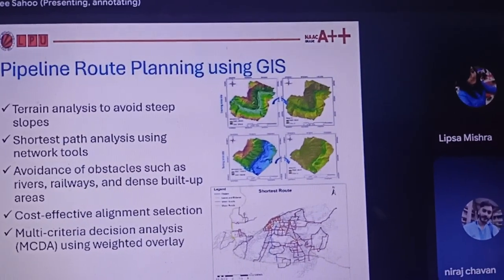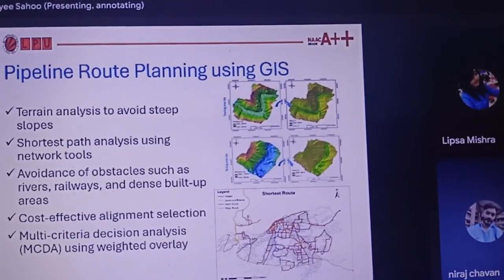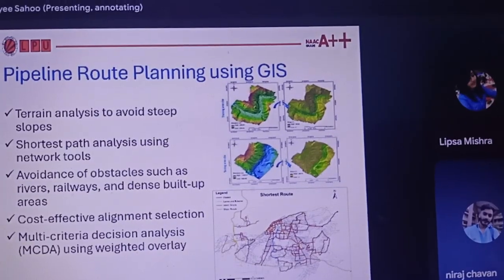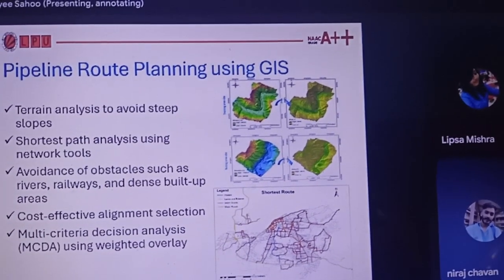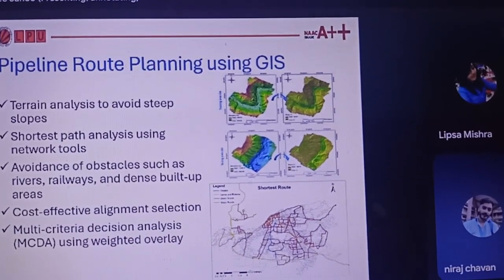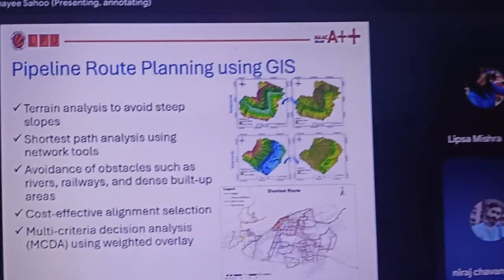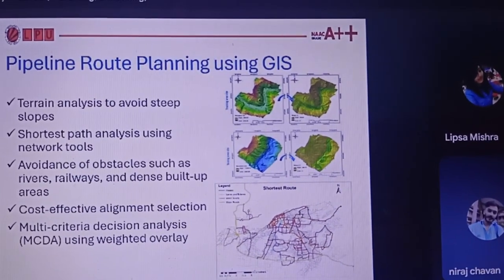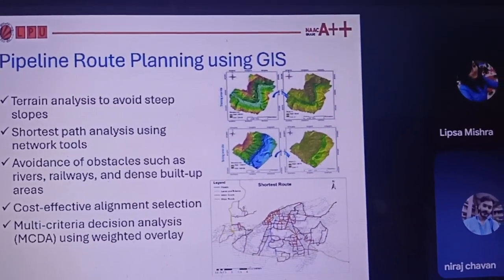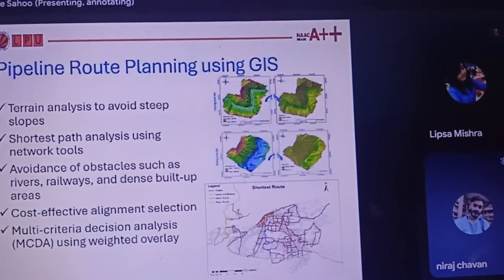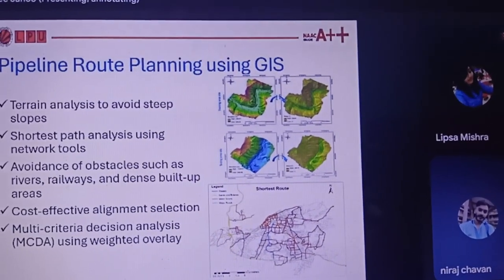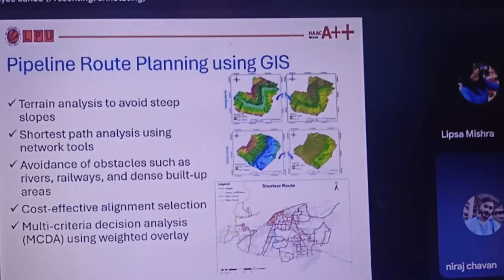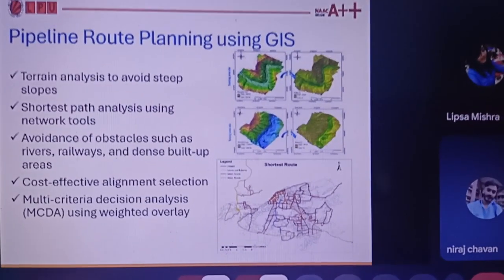If your tank is in the hill area, meaning you are storing water from a stream and you think it's the best possible source to supply water, your head tank will be on the hill and you will be supplying water to the valley area. That is the best optimized, minimum capital cost kind of design, which is not possible in plain land.